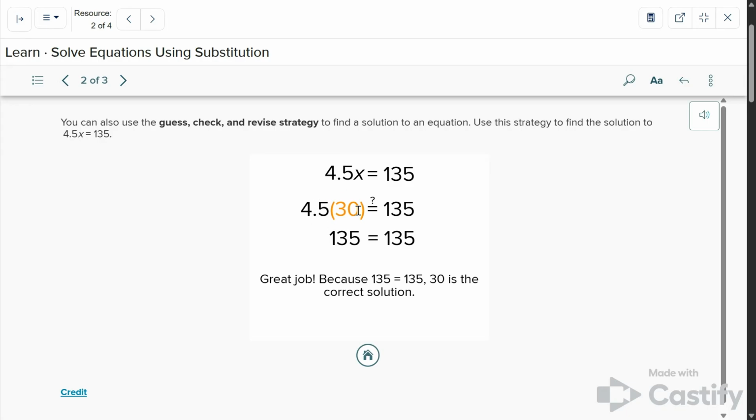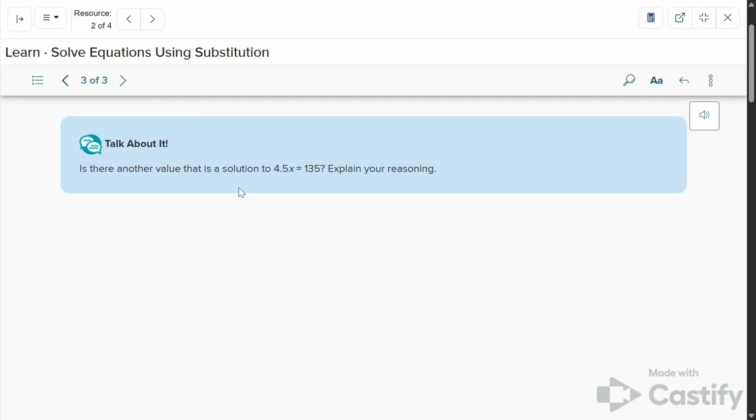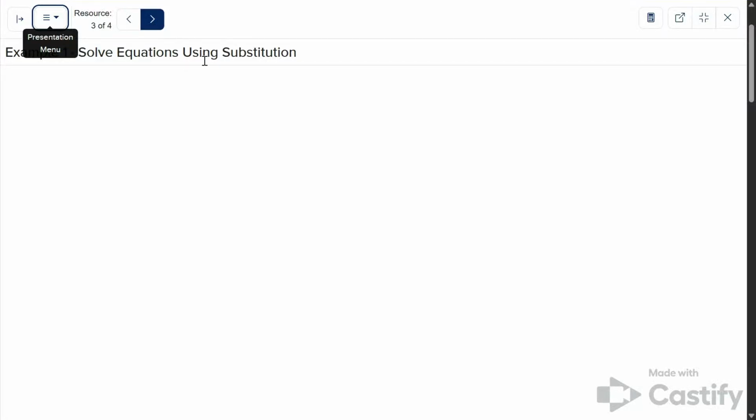In this case, they are putting in 30 as their guess. Then you just try it: do 4.5 times 30 and see. If it's not right, try a different number. And in this case, it is. Is there another value that is a solution to 4.5x equals 135? Sometimes there is more than one solution to an equation. Sometimes there's not. It just depends on the equation.